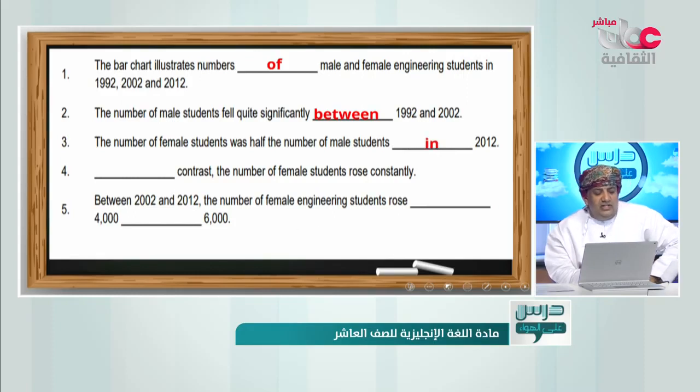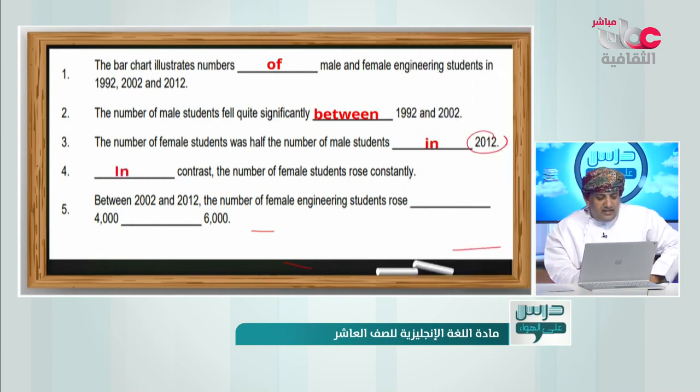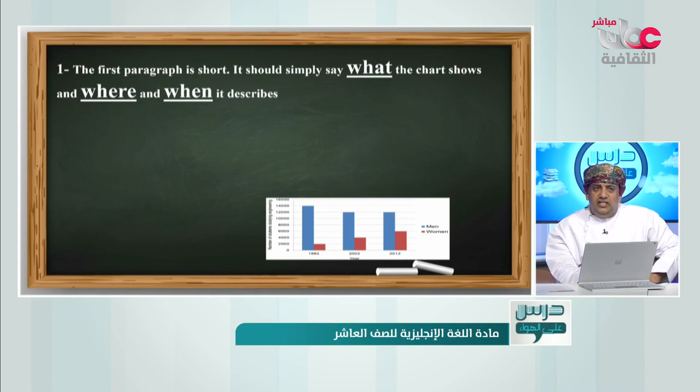The number of female students was half the number of male students in. Before the year, we should use "in". And in contrast, between 2002 and 2012, the number of female engineering students rose from 4,000 to 6,000. You should be able to use this preposition.